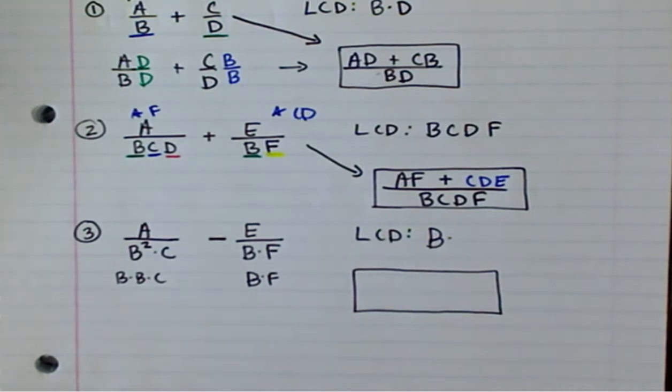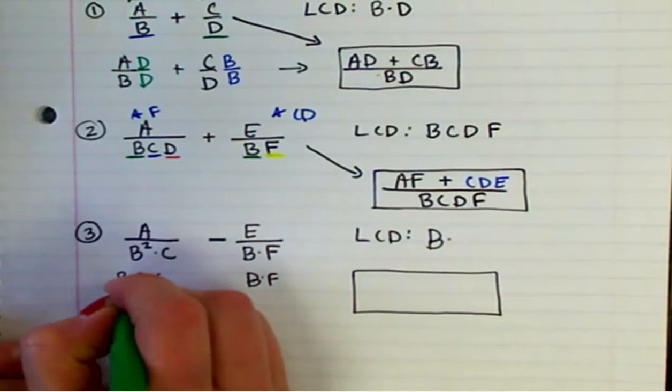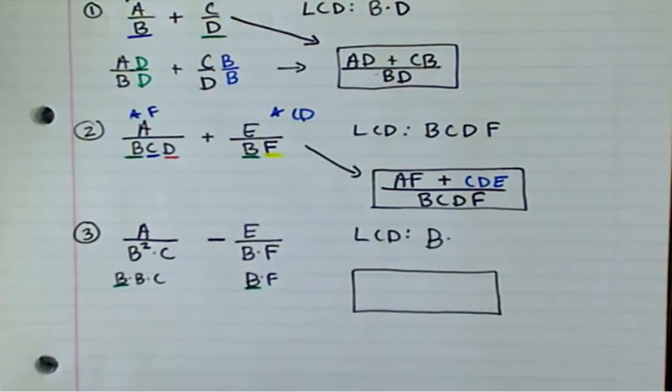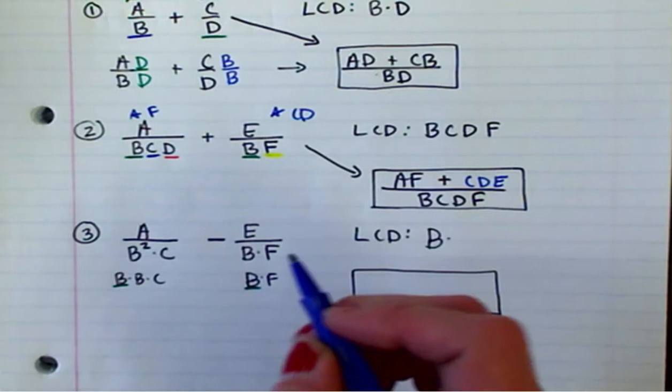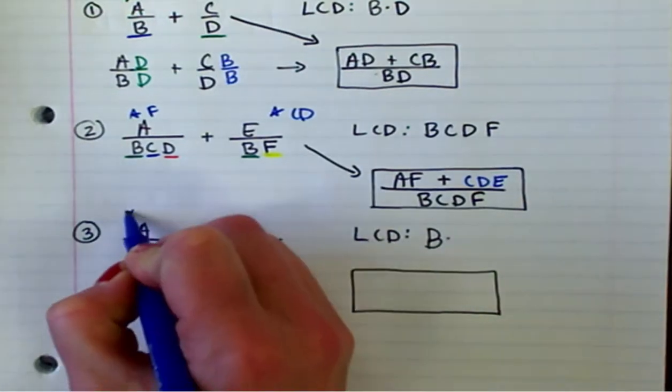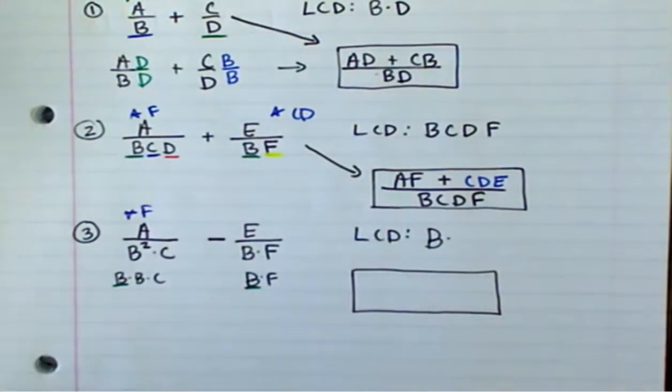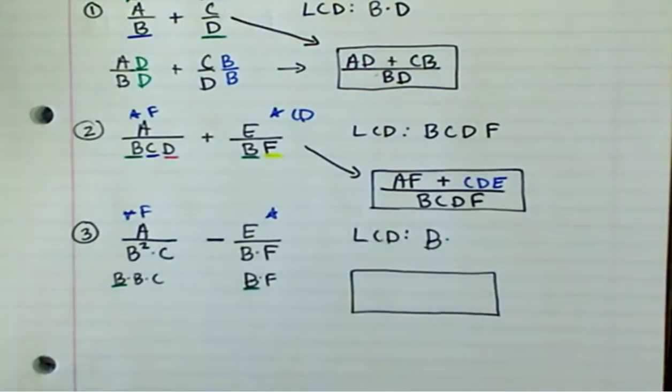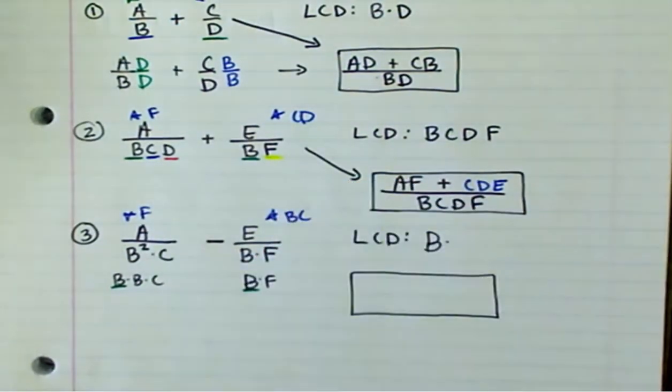B is common. I got that. So let me give that a green color. I've already got the B. You're going to swap what's different. So what's going to go in the first fraction? F. What's going to go in the second fraction? BC. That's it. You only swap the parts that are different.